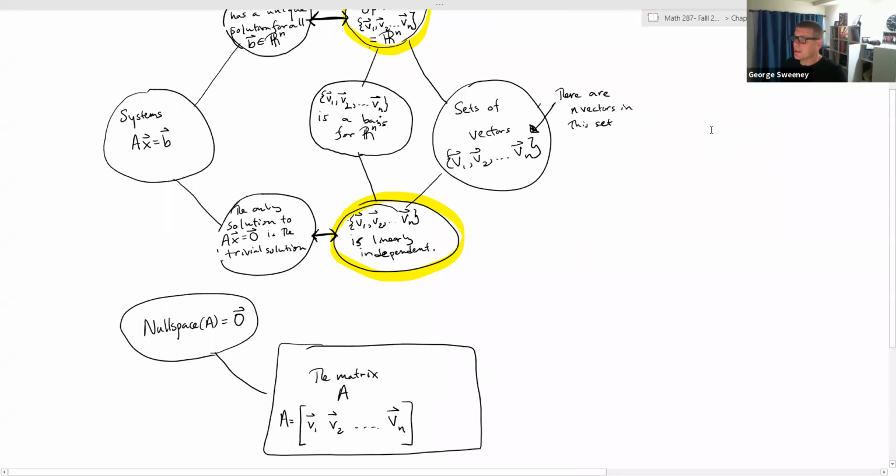Yeah, okay, we could definitely do it with the trivial solution. Very nice. The only solution to AX equals 0 is the trivial solution. The trivial solution is the 0 vector, and the null space is the set of all solutions to AX equals 0.